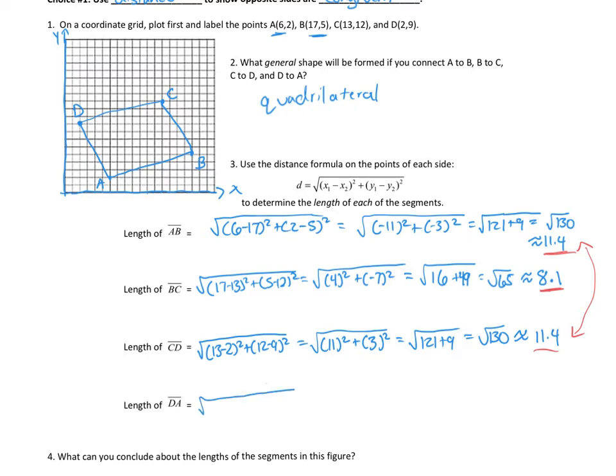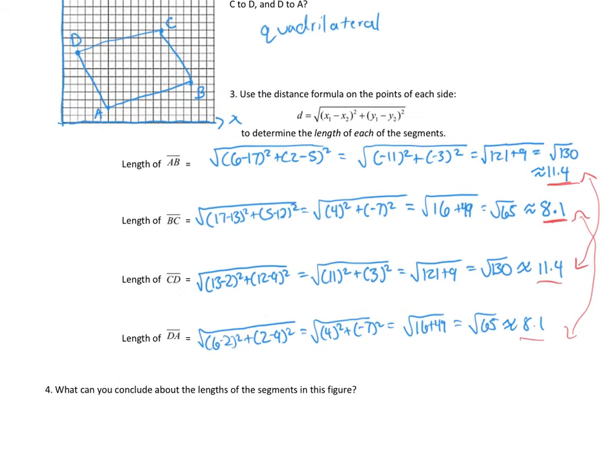Let's do the last one, D to A. Our x's are 6 and 2, so 6 minus 2 squared, and 2 and 9, so 2 minus 9 squared. That gives me 4 squared plus negative 7 squared, which is 16 plus 49, which is the square root of 65, which is 8.1. Notice that these two match.